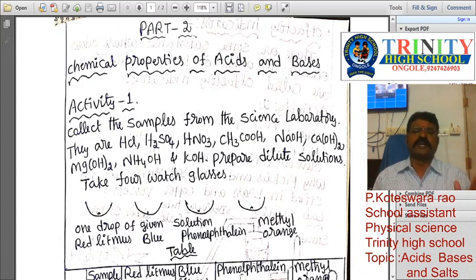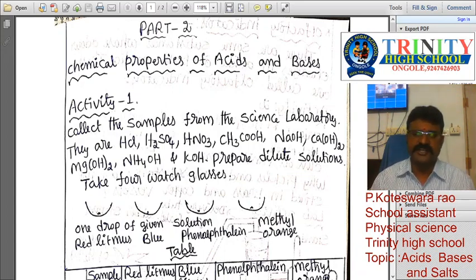We want to prepare diluted solutions. For example, one drop of HCl must be added to 10 drops of water.